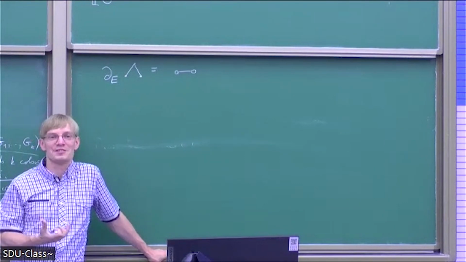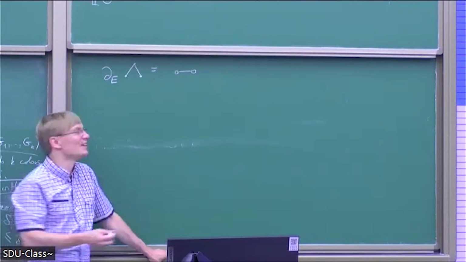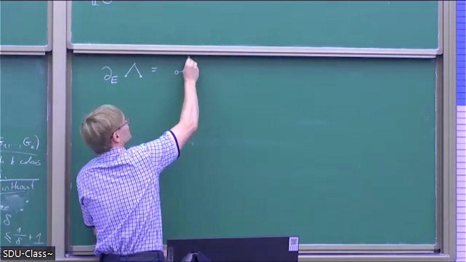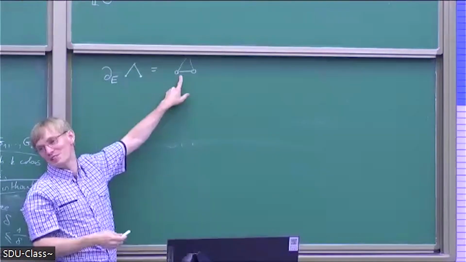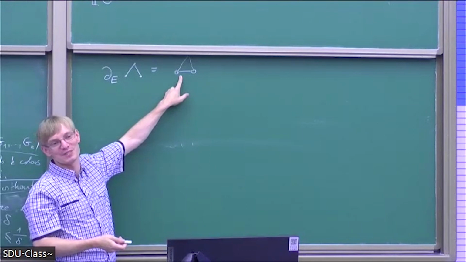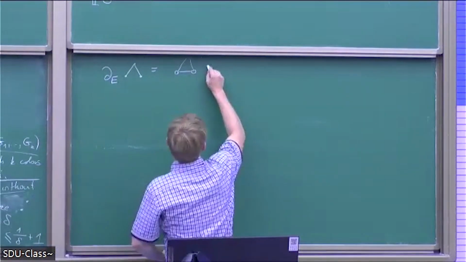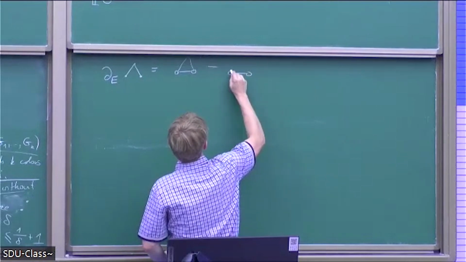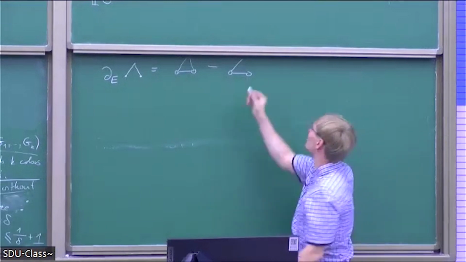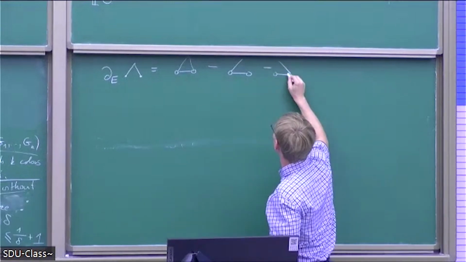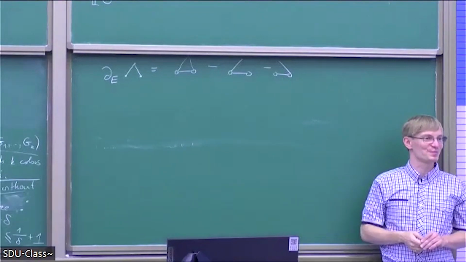So how can I gain a cherry by removing an edge? It needs to be a triangle. Now if I remove this edge, I'm gaining a cherry. So this is my gain. But I can also lose a cherry. If I have a cherry like this and I remove this edge, I'm losing it. Also, if I have a cherry like this, if I remove this edge, I'm losing this cherry.